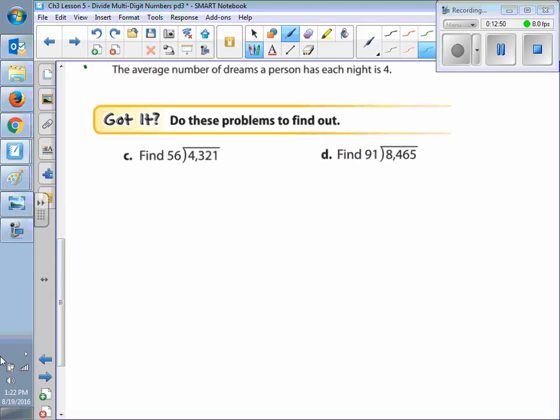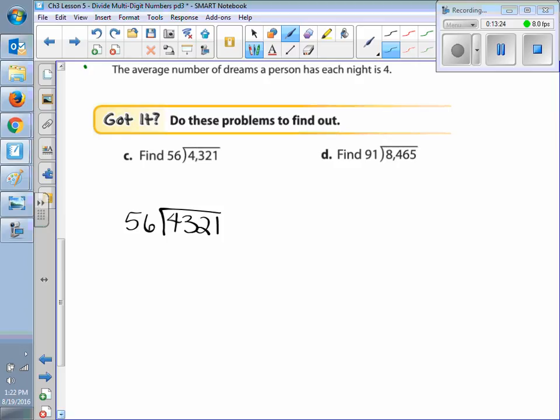All right. So, let's do these examples down here. Okay. So we have 4,321 divided by 56. Okay? So, let's estimate this to be 50 and this to be 40. How many times does 5 go into 40? 5 goes into 40 8 times.